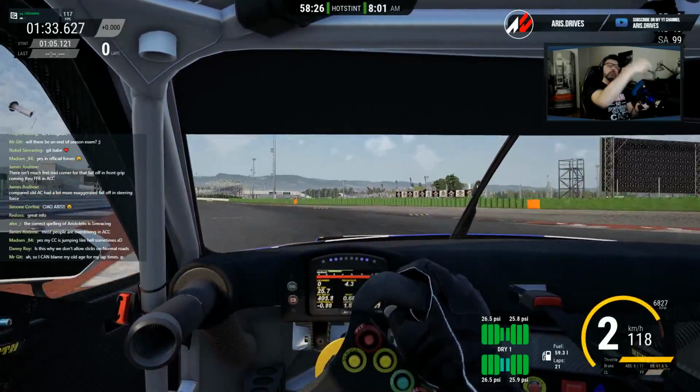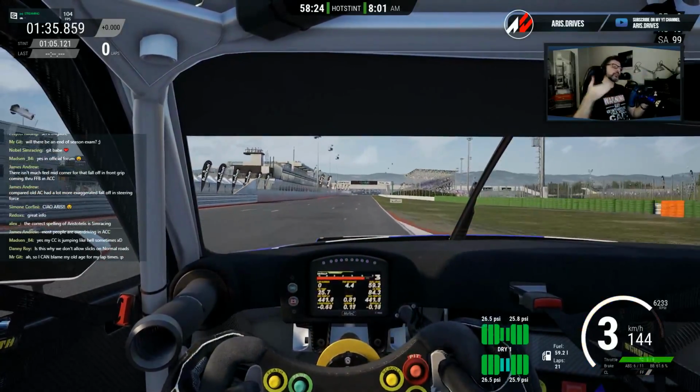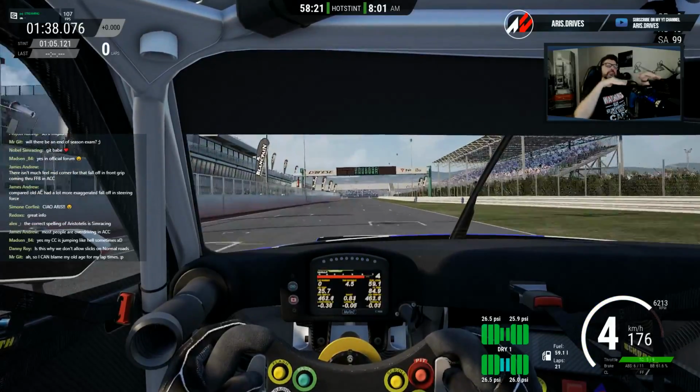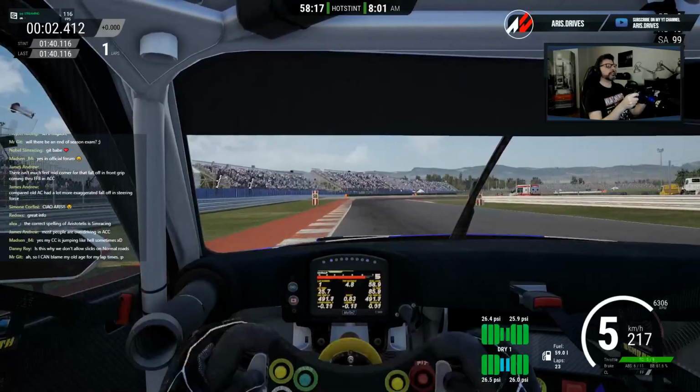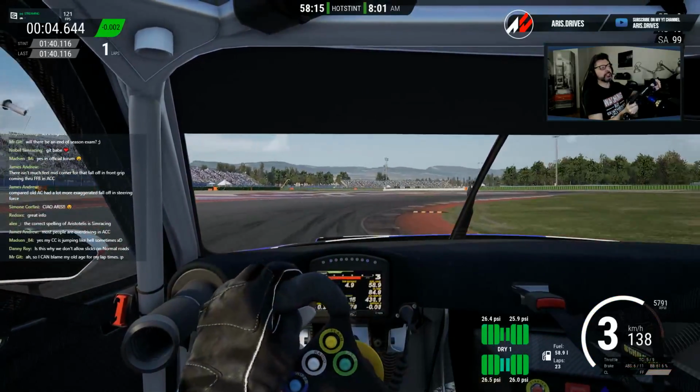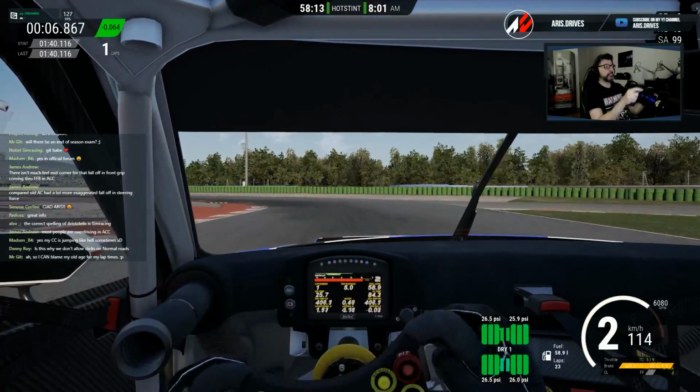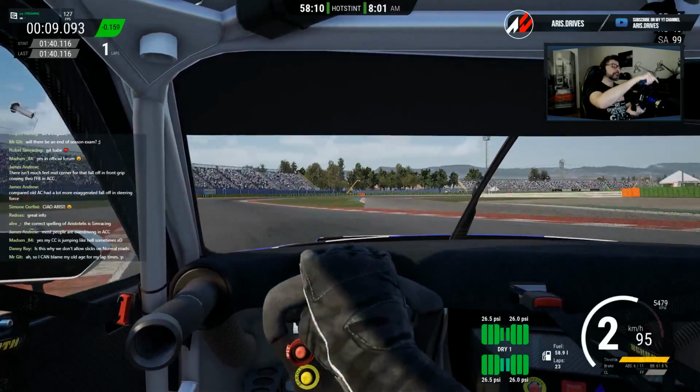Release. You see? The nose tucked in, so the nose goes in, but the car remains stable because the aerodynamics take care of everything. So again, braking, in, release, in. You see, I didn't move my steering wheel, but the car went in.